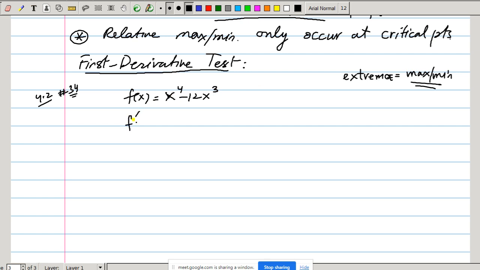For extrema, if I use the first derivative test, I take the first derivative, which is 4x cubed minus 36x squared. If you put it equal to 0, I get 4x squared common, so x minus 9 is equal to 0. So x is equal to 0 and x is equal to 9.